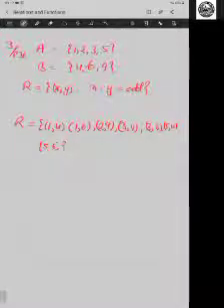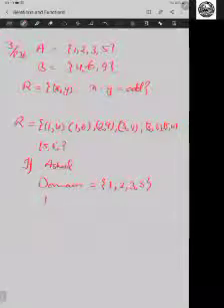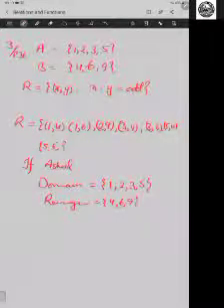If they ask us for the domain, then the domain in this way is 1, 2, 3, and 5, and range equals 4, 6, and 9, because each is used. Codomain will also be 4, 6, 9. So this we could do.